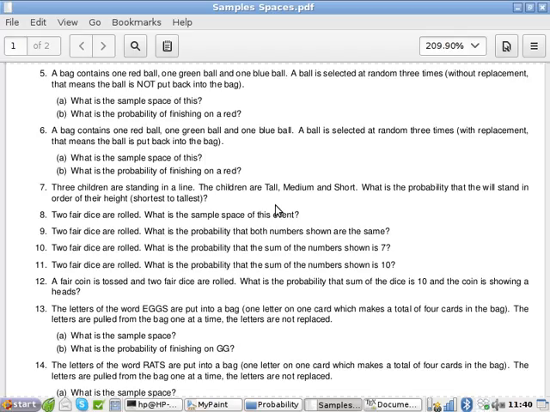Red. Finishing on a red would be an interesting question, but it's finishing on a red. It's like red, red, red, and red, red, two, red. No, because it's taken out and it's not put back in again. So if you take red first, you can't take red again. Red, red, blue.